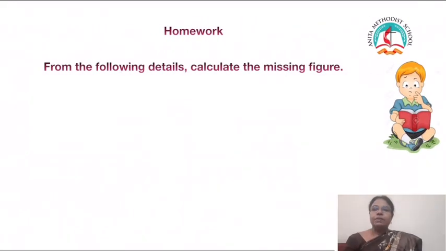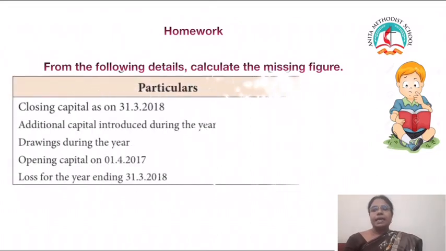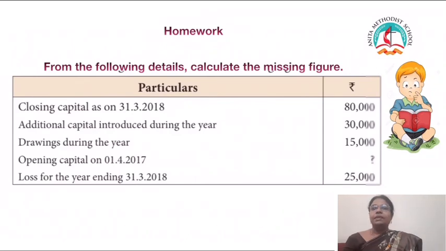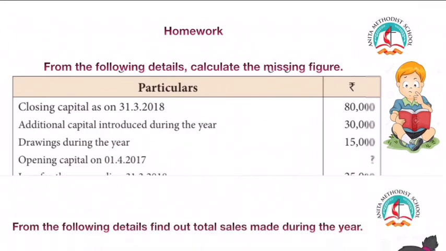Children, these are your homework sums, you have to do in your accountancy classwork. From the following details, calculate the missing figure: closing capital, additional capital introduced during the year, drawings during the year, opening capital, loss for the year ending. So you have to find out the opening capital.